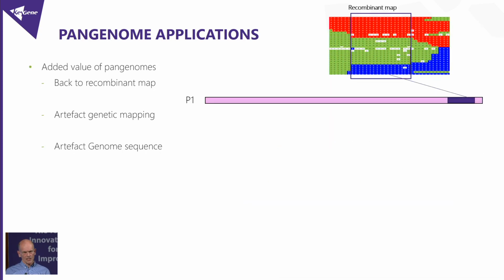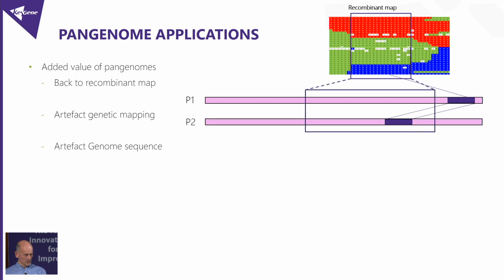Because you can imagine a situation like this, that the P1 shows you the genome of your reference genome. The light blue line again depicts the marker being located outside your recombination bin. But it might very well be that in the second parent, for instance, the resistant parent, there was a translocation by which this marker and its surrounding is actually positioned within the QTL region.